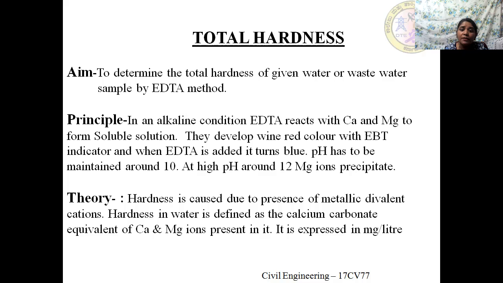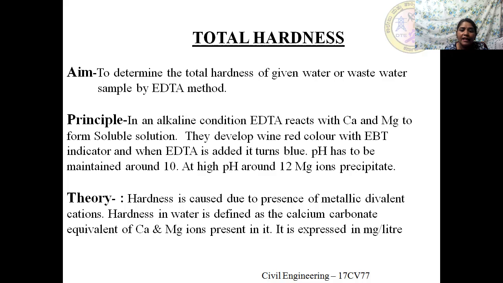Now, to determine the calcium hardness, we need to increase the pH, and it has to be maintained around 12. At such a high pH, the magnesium ions precipitate and only calcium ions remain, so we can determine the hardness due to calcium ions.